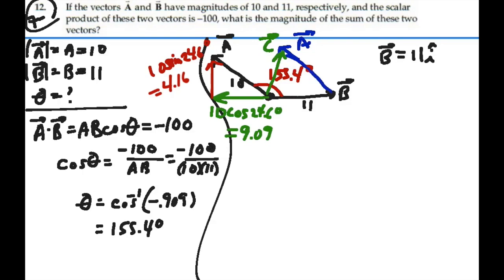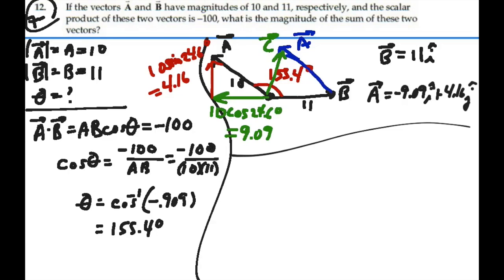So if we're looking at this, our vector A is equal to a negative 9.09i plus 4.16j.